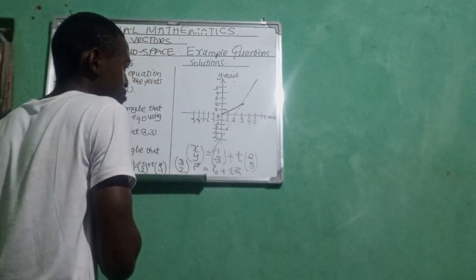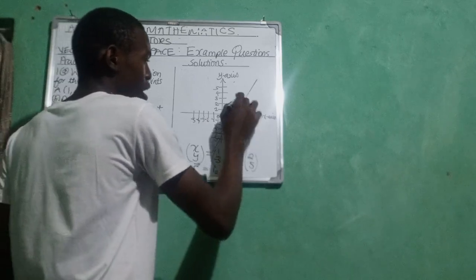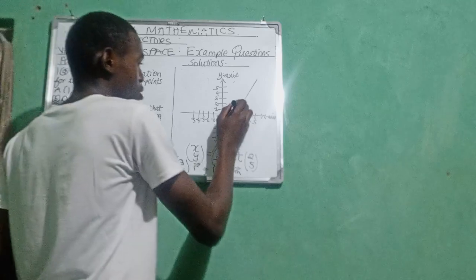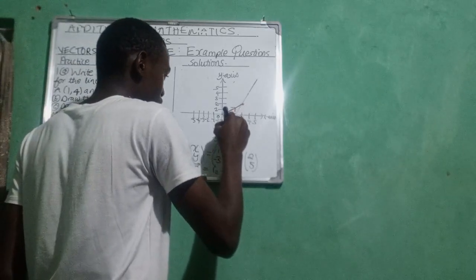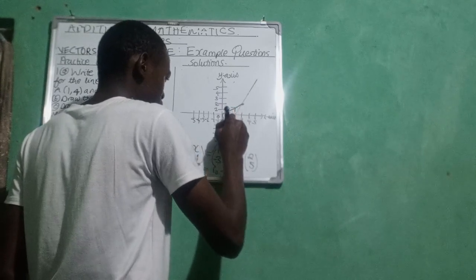Sorry, this is (3, 2). We write an R like that. (1, negative 3) is coming down. Sorry for that oversight. (1, negative 3) is coming down like that.